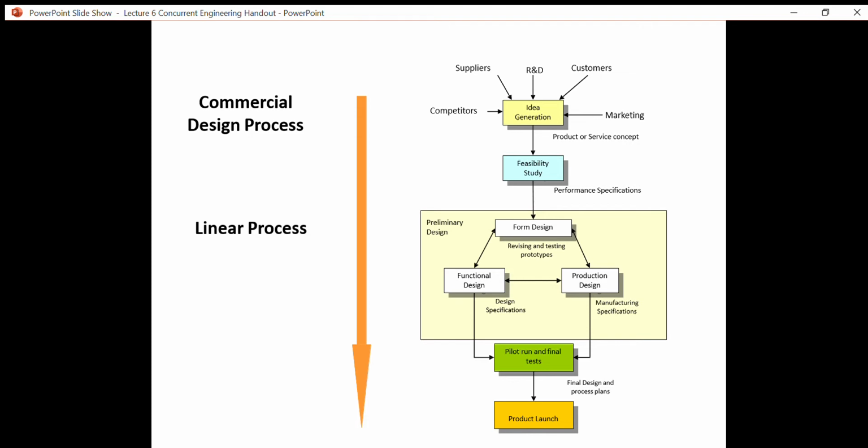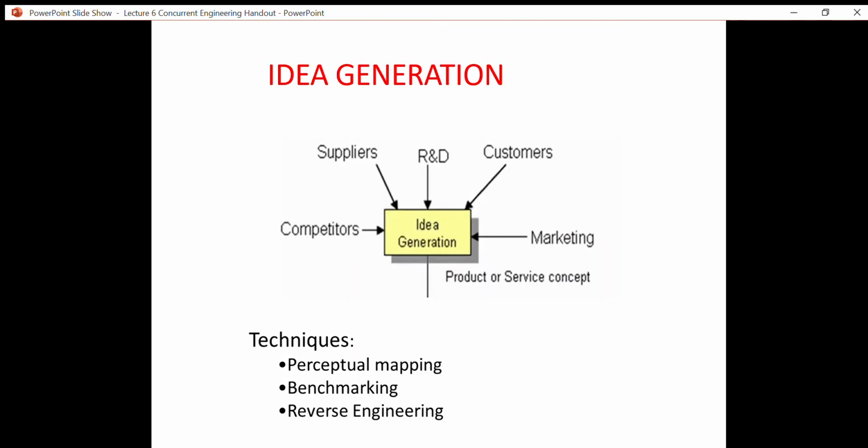Here you also have a chart for the linear process, which is idea generation, and then we go for feasibility studies and preliminary design. After that, you involve the final design and process plan before the product launch is implemented. Then we go one by one for the explanation of this.